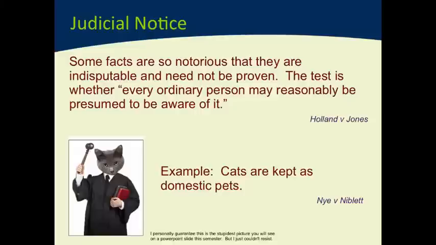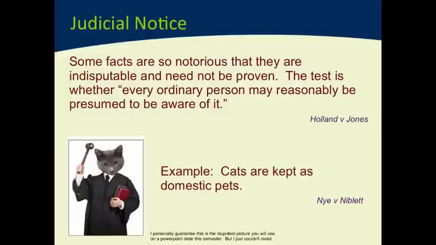The court said, no way. The court said that the concept that cats are kept as domestic pets is so notorious, so well known, that there's actually no need to bring any evidence that that's the case.